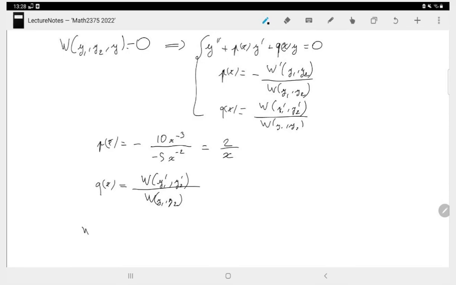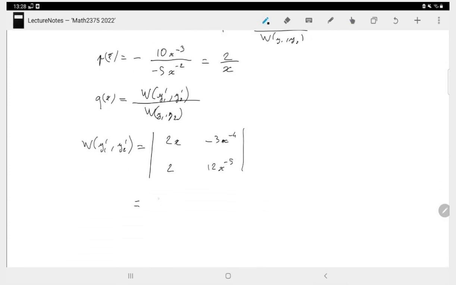So the Wronskian of y1 prime, y2 prime: y1 prime was 2x, and so the second derivative is going to be 2, and y2 prime was minus 3x to the minus 4, so the second derivative is going to be 12x to the minus 5.